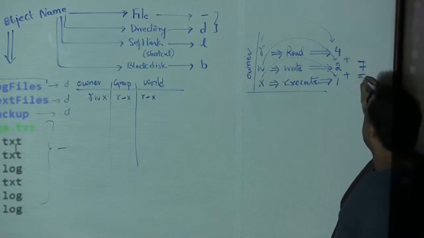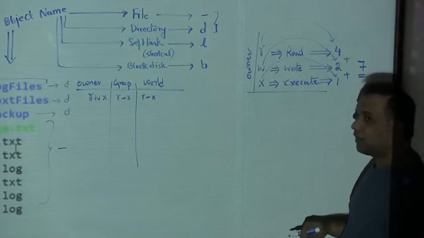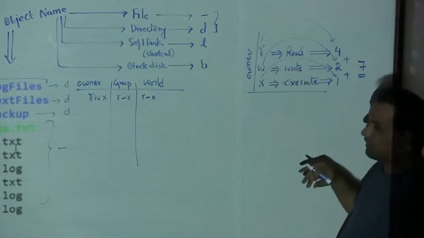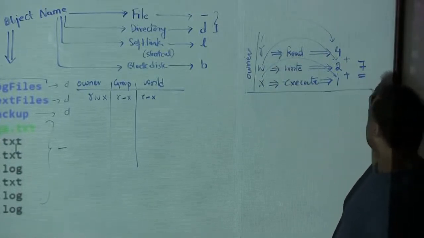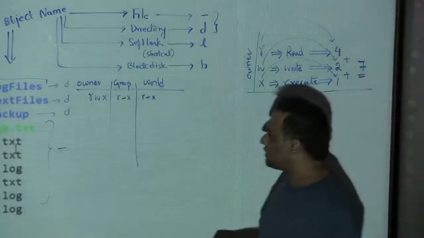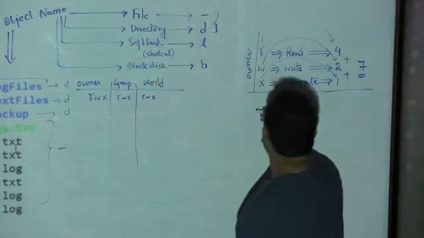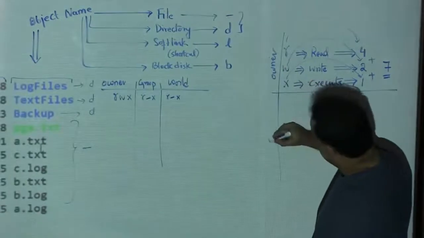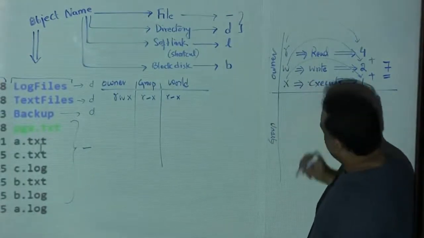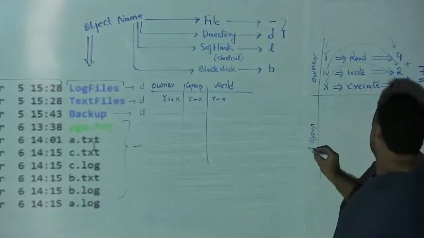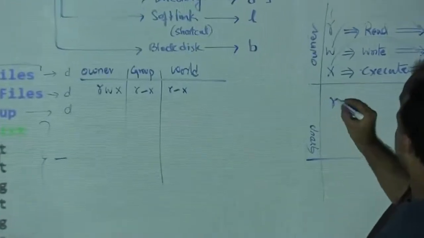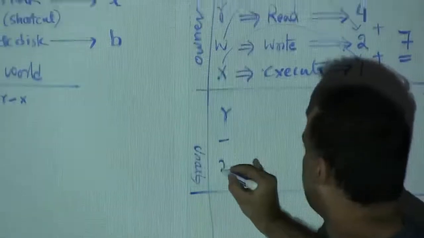7 basically represents that the owner, whoever you are dealing with, has the permission 7. Now let's look into the second group. The second group is called students. And here I have R-X.